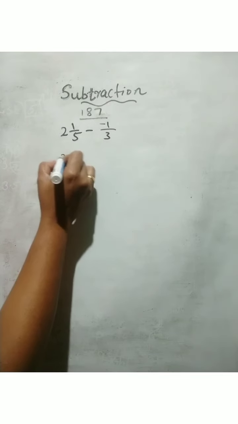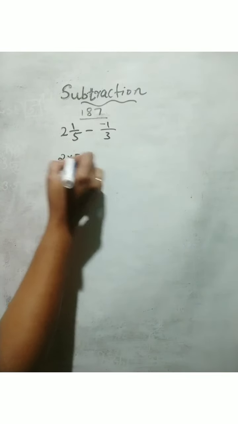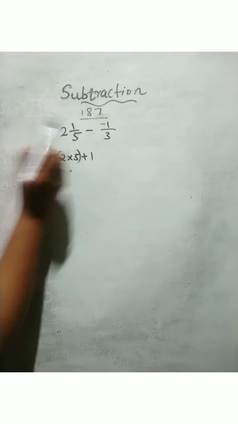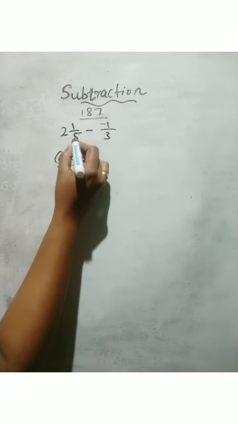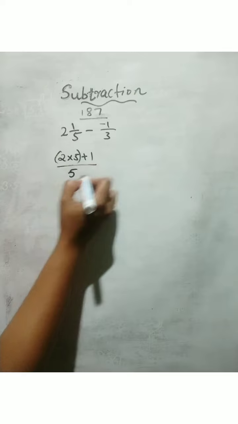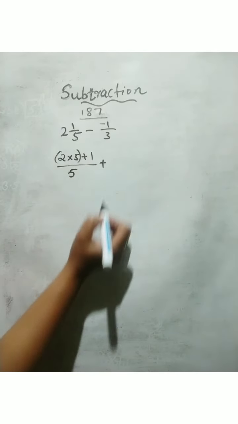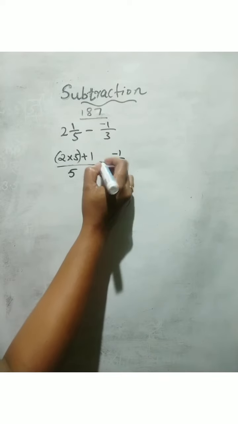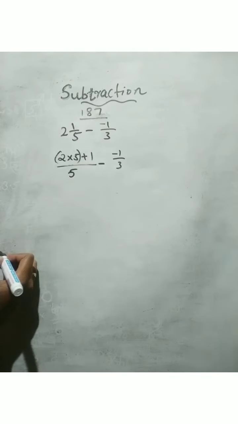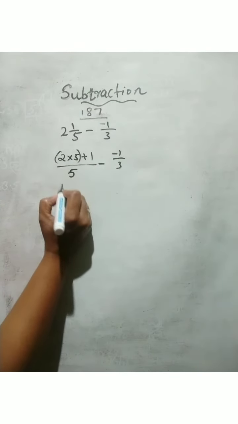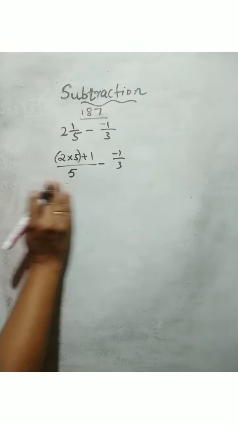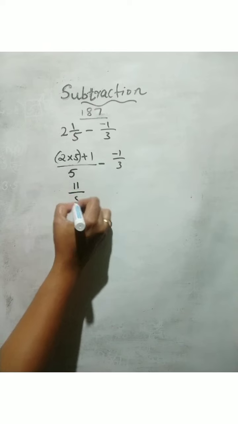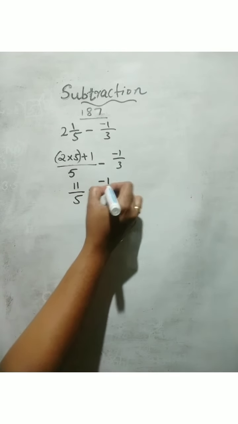So 2 times 5 plus 1: whole number times the denominator plus numerator, divided by denominator, minus 1 on 3. Then 2 times 5 is 10, 10 plus 1 is 11. So 11 on 5 minus 1 on 3.